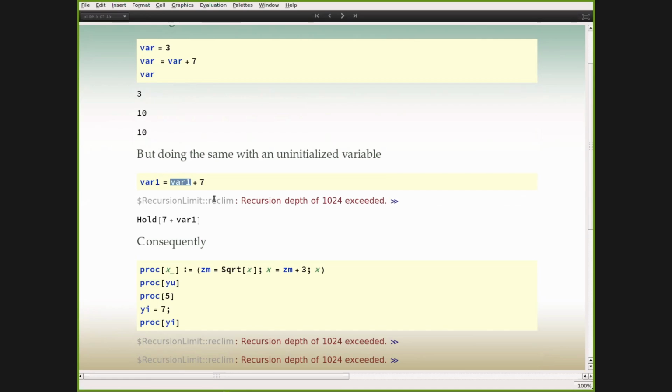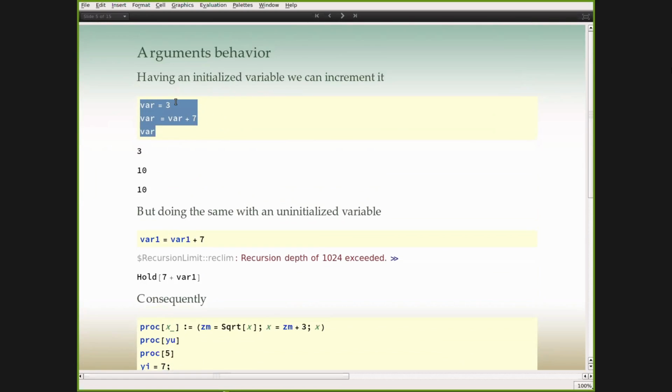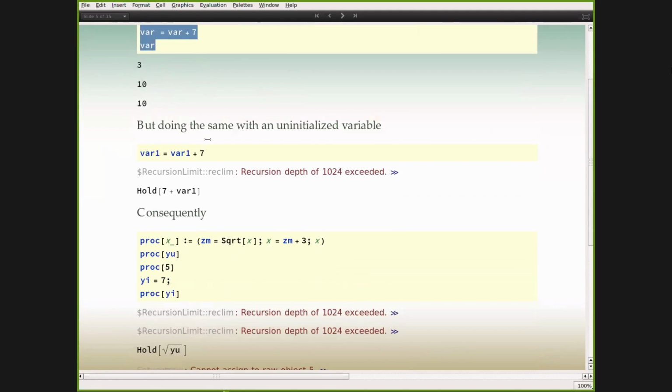But usually in your programs this case doesn't occur, because usually you will try to initialize your variables somehow. If you forget to initialize a variable, you will get totally different behavior than in sequential or object-oriented languages, which maybe you are familiar with.